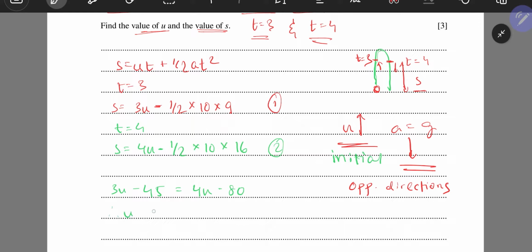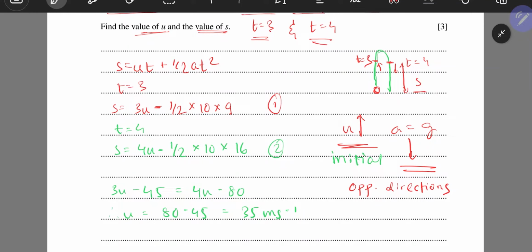Therefore u equals, if I take 3u to the right, 4u minus 3u is just u, and if I take minus 80 to the left side, it's 80 minus 45, which is 35 meters per second. That is the value of u.